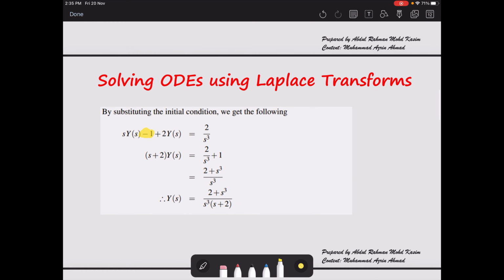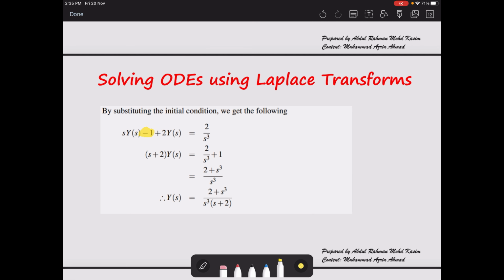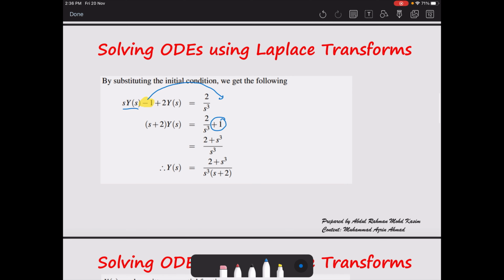When you have this value, you can bring the minus 1 from the left hand side to the right hand side. That's why you have the plus 1 over here. And now you want to factorize Y(s). When you factorize Y(s), you will have s plus 2. Just factorization. Now you need to find what is your Y(s). In order to find Y(s), you bring s plus 2 to the right hand side.